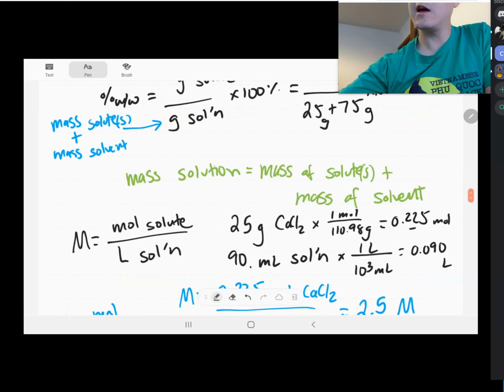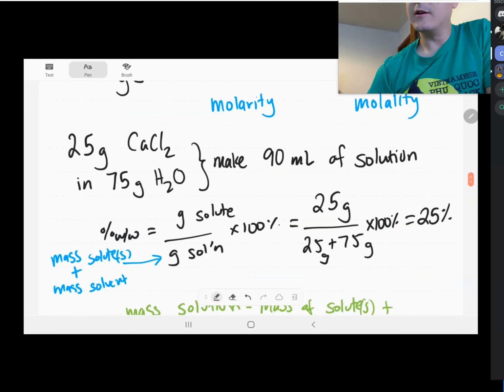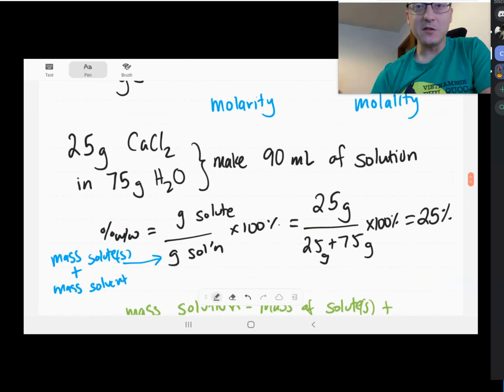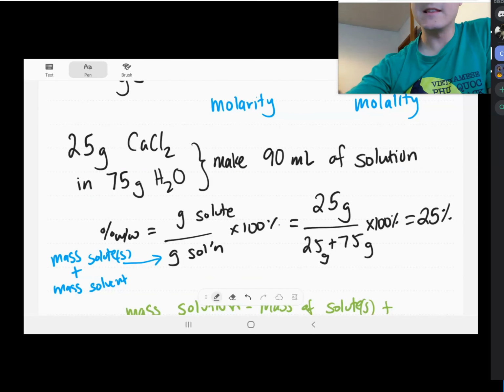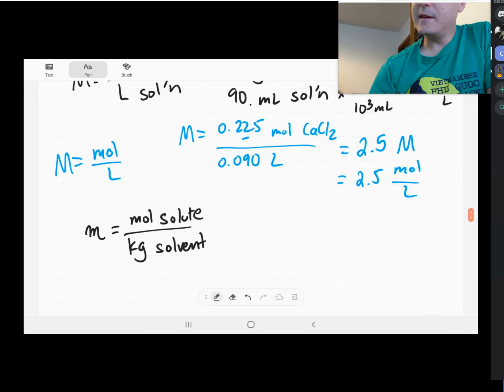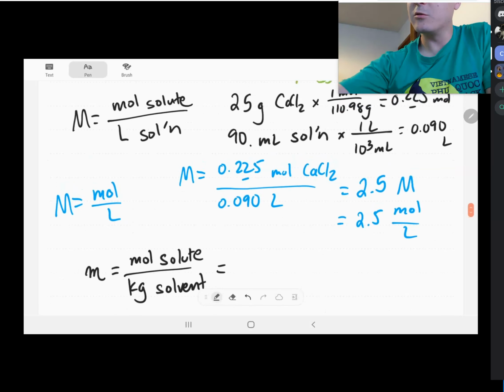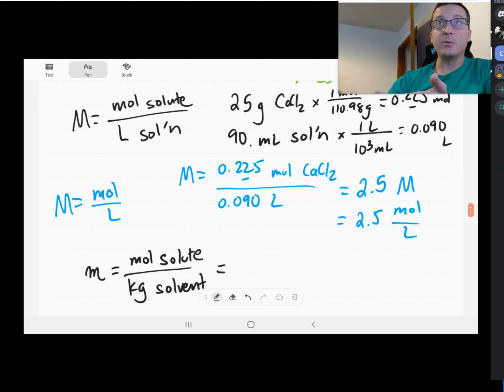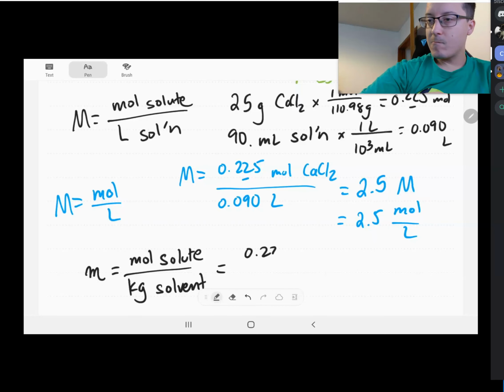Going up again, we are going to use the 25 and the 75 this time, because that's our solute and solvent. We already calculated the moles of solute for the previous problem, so we can just use that number again, the 0.225.